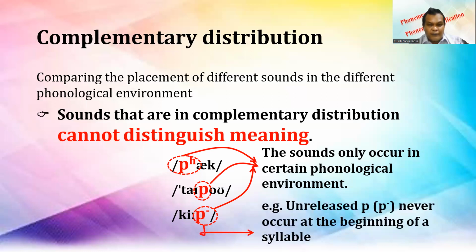For example, unreleased p never occurs at the beginning of a syllable. It must always be placed in the final or last part of a syllable.